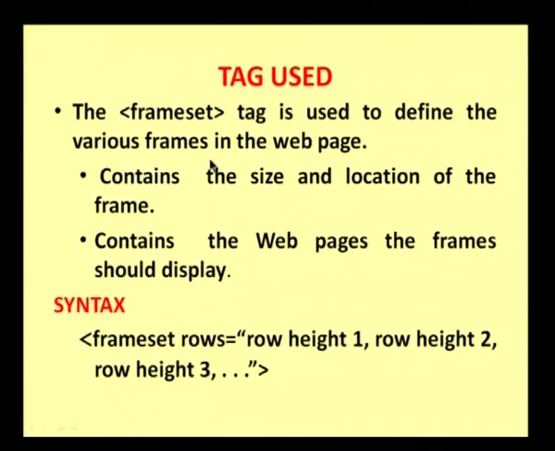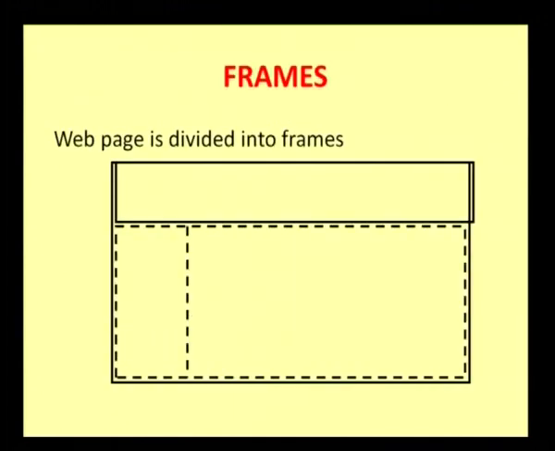The frameset tag is used to define the various frames in the web pages. The frame specifies where it should be displayed and the size, which is row height and column height. Here we have divided the web pages into column first and then row.